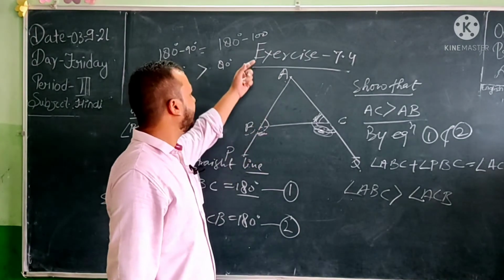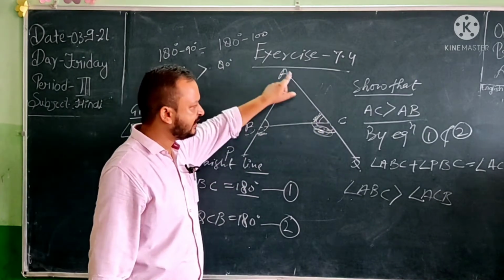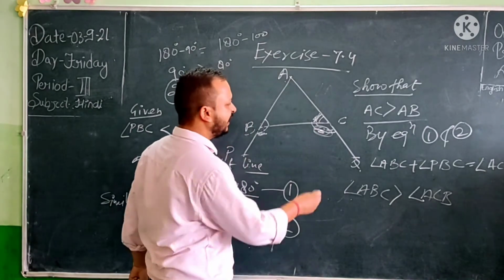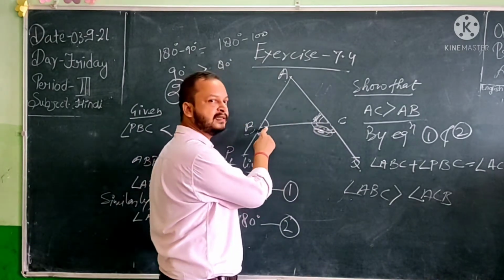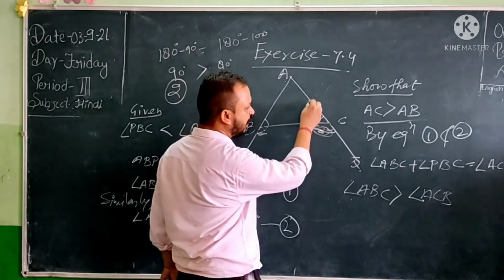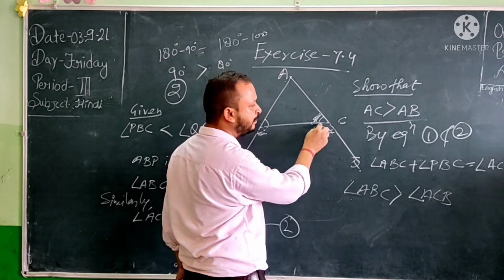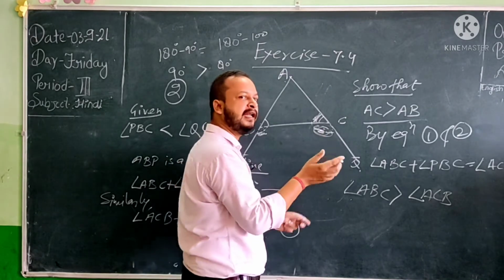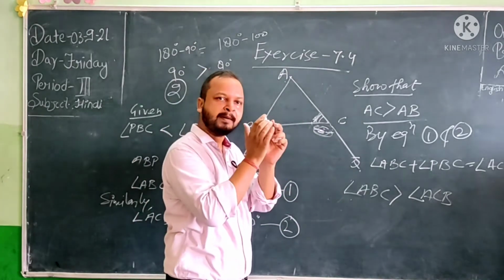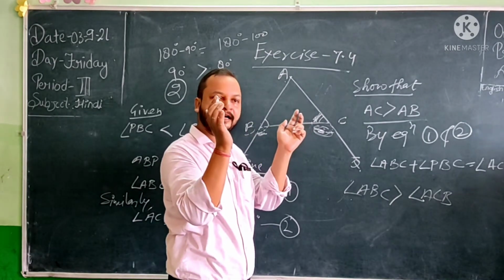नहीं आया? देखिए, this straight line sum is what? 180, right? If the sum is 180, it is given that QCB is greater than angle PBC. So अगर 180 में से आप greater part को subtract करेंगे तो आपको क्या मिलेगा? Smaller part मिलेगा. Similarly 180 में से आपने smaller part को subtract किया तो आपको क्या मिलेगा? Greater part.